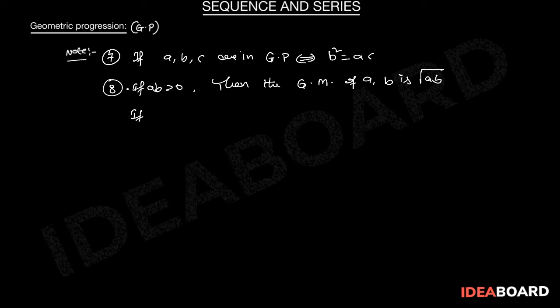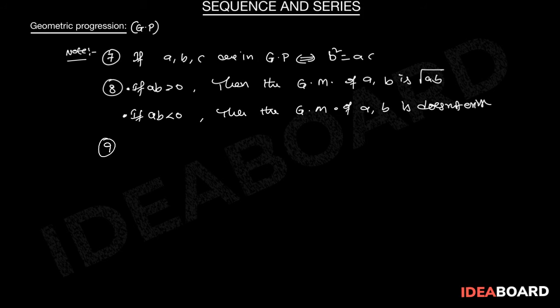If ab is less than 0, then the geometric mean of a and b does not exist.